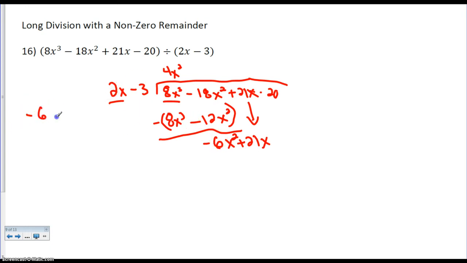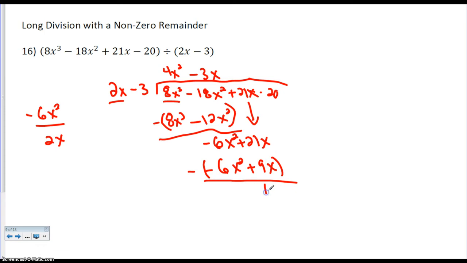So I'm taking negative 6x squared divided by 2x, which looks like a negative 3x. Negative 3x times 2x is negative 6x squared, plus 9x, which leaves me 12x minus 20.